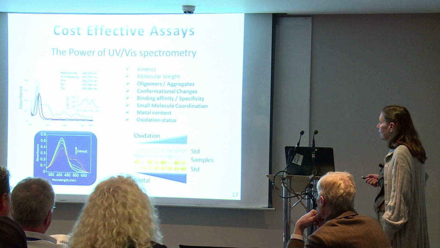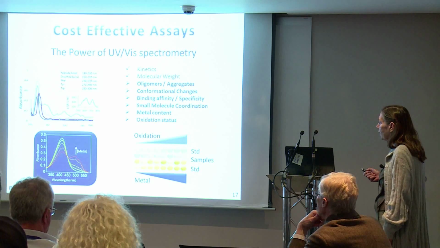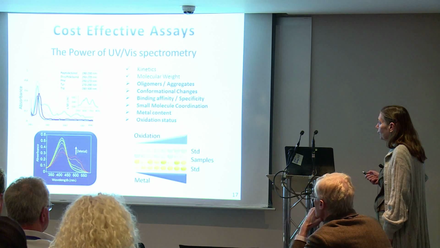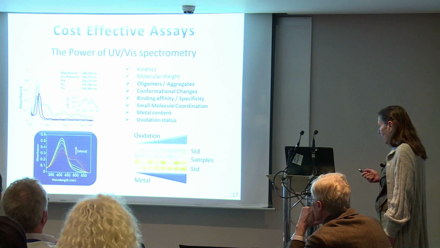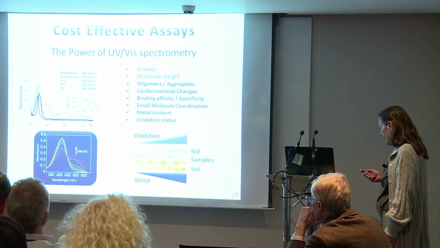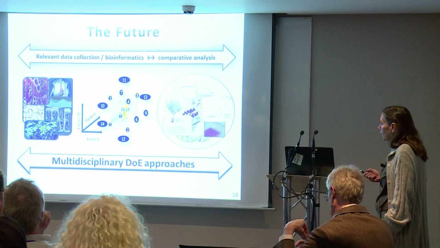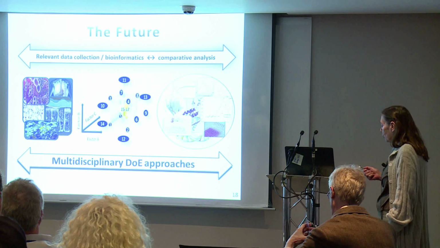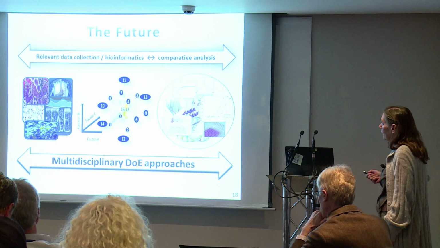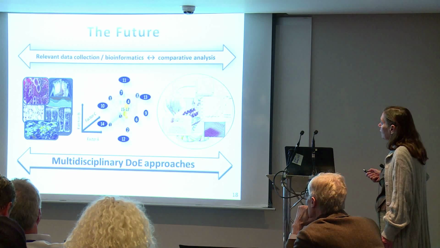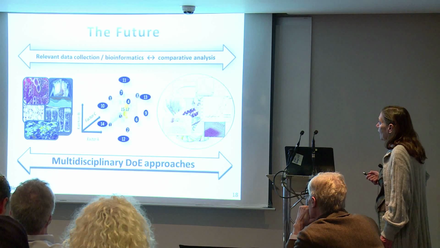So as you see, in general, we can take full advantage of instruments in the laboratory to start analyzing proteins from the very beginning of their expression and purification process. And this should help to comprehensively analyze proteins with multidisciplinary design of experiments approaches.